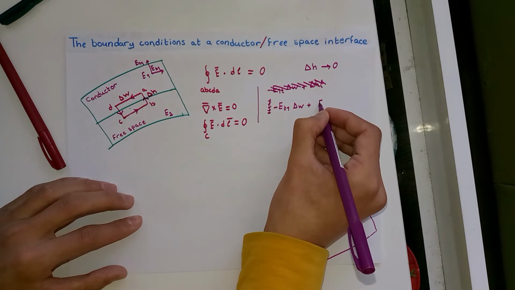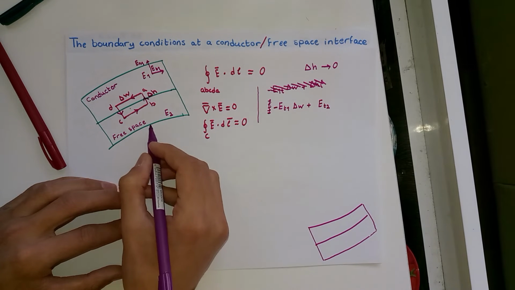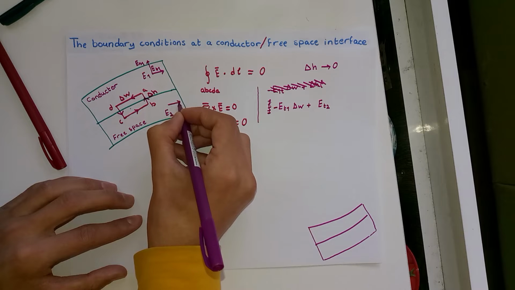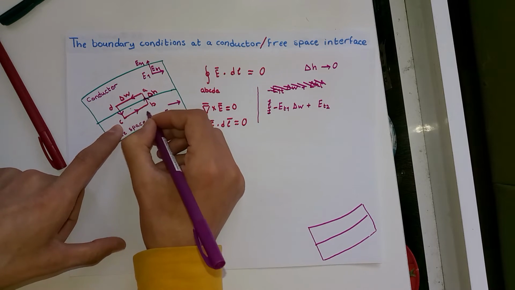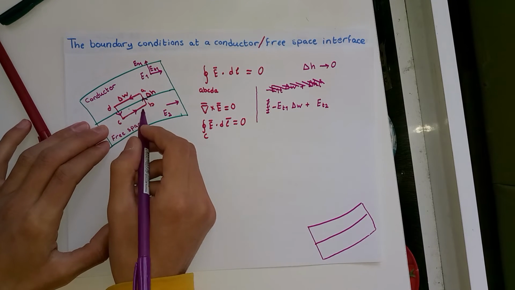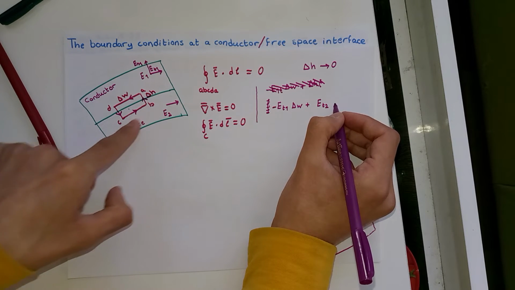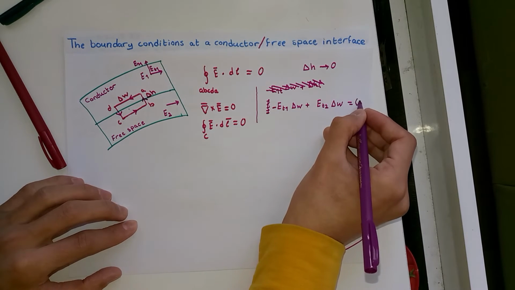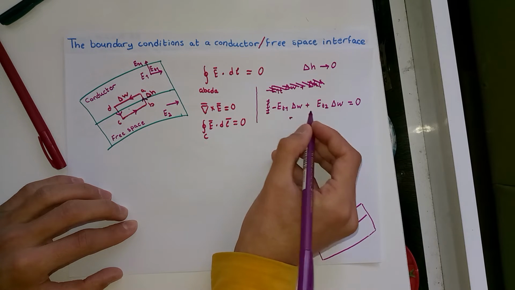We will end up with the tangential component, which is directed rightward. As the tangential component and this path CB both direct to the same direction, both of them will have a positive sign, and the length of this is delta W. The answer is 0. We can simplify this into.